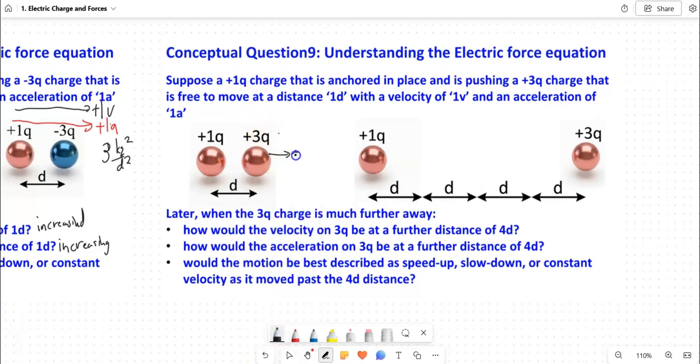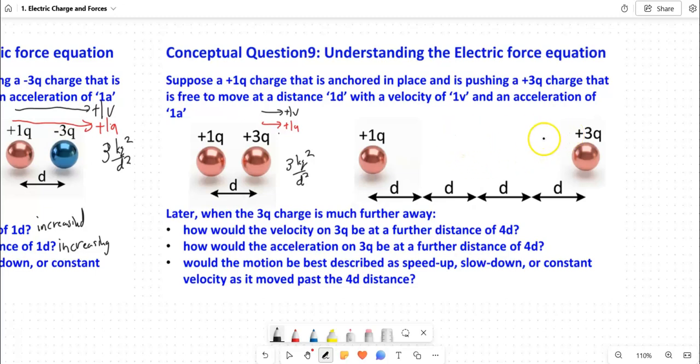Let's say you released it and let it move a little bit and had an initial velocity of positive 1v and had initial acceleration of positive 1a. And that is with this mutual force of 3 kq squared over d squared. Now, what will be the velocity and acceleration on the positive 3q?